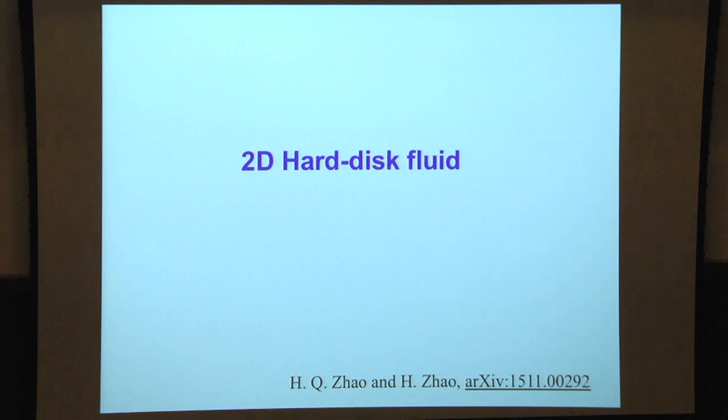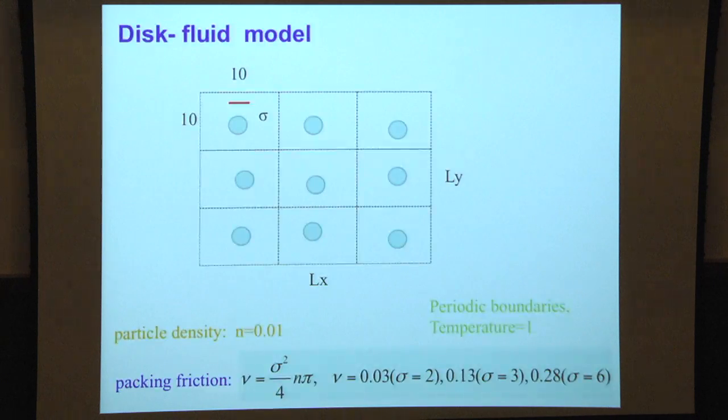The hard disk fluid. Hard disk is a limiting case of asymmetric potential. This model has indeed been studied in very early times, and here are the details of the model we will study.